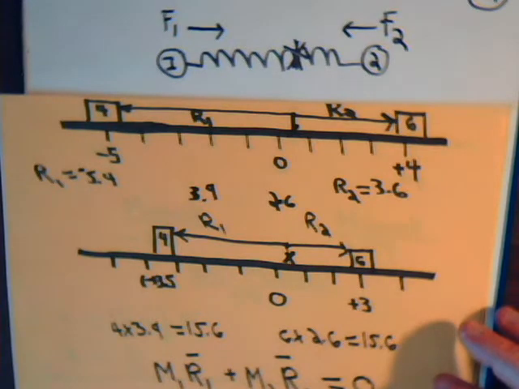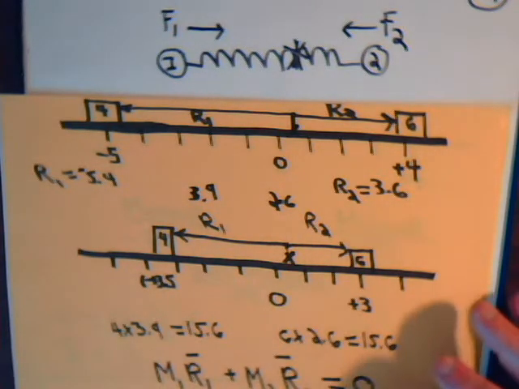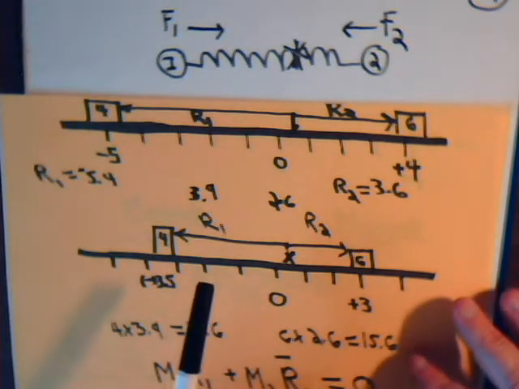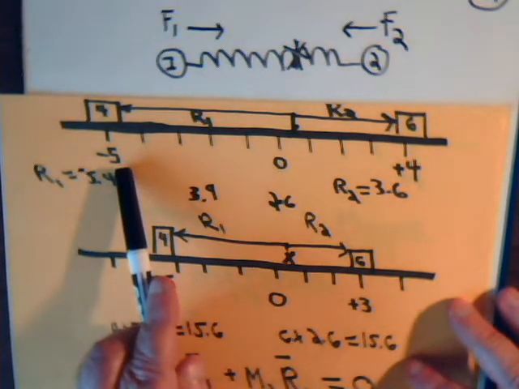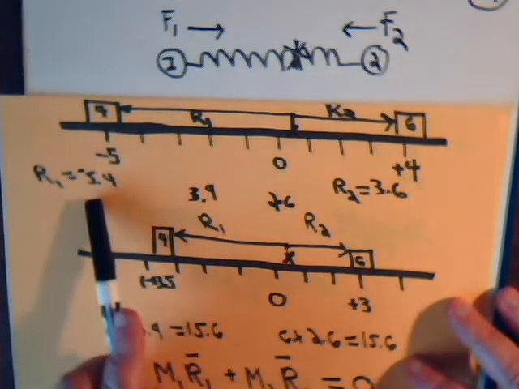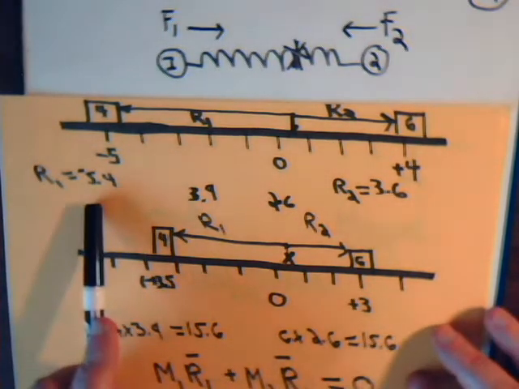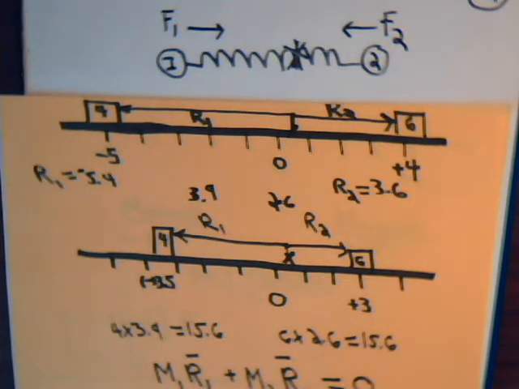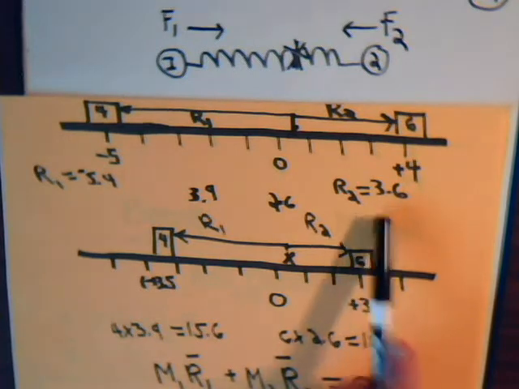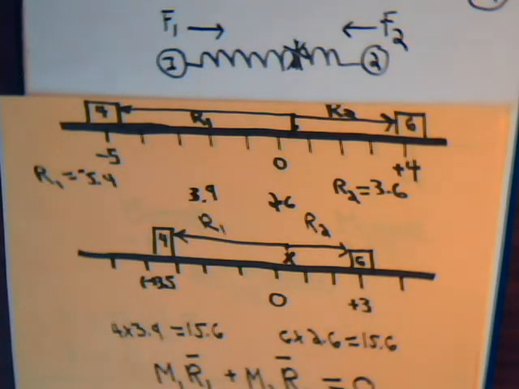Notice that with respect to the center of mass, the moments are now equal. We have the mass 4 times minus 5.4, which is minus 21.6. Then over here we have mass 6 times plus 3.6, which would be plus 21.6.